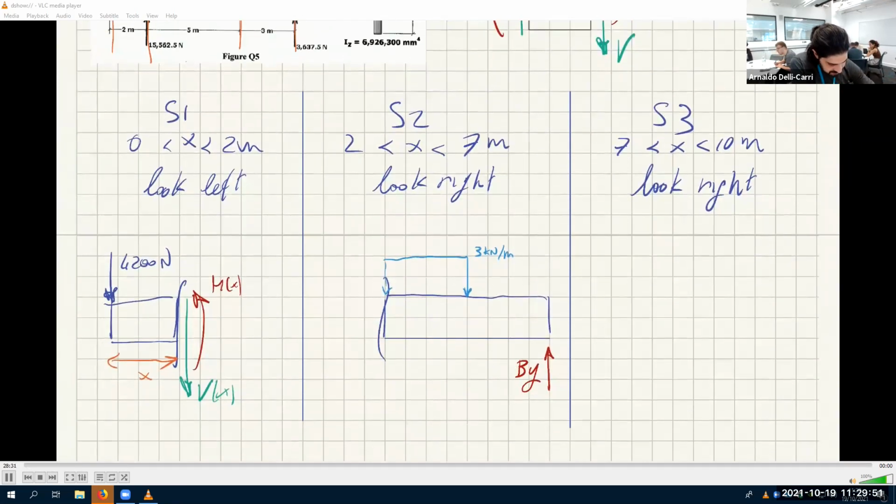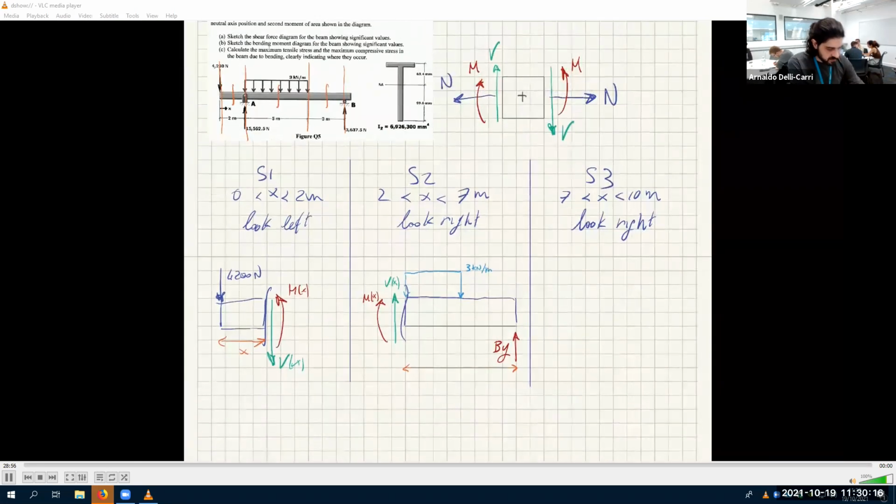So how long is this chunk that is left? What's this distance? 5 minus x. 8 minus x.